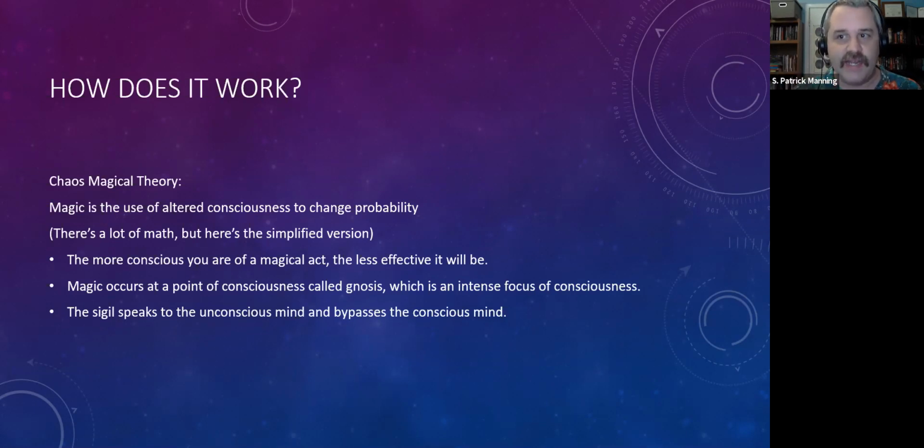You're just kind of sneaking it in there so that the subconscious mind can activate it when you hit that point of gnosis. So it gets very Jungian, I suppose, but the practice is that you put something in a form that it sneaks past all of those conscious sensors that can inhibit magical acts.